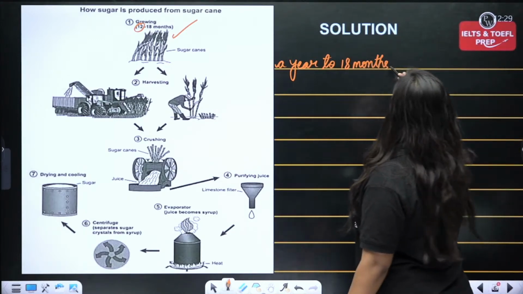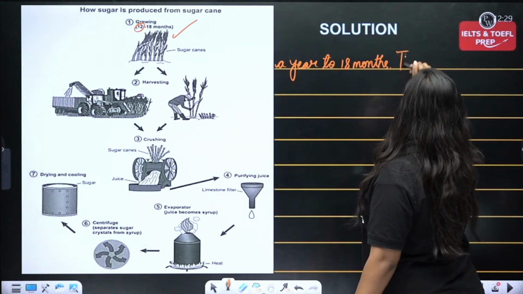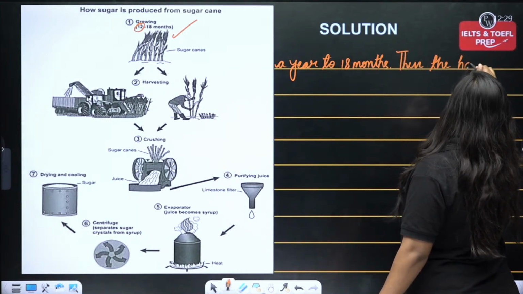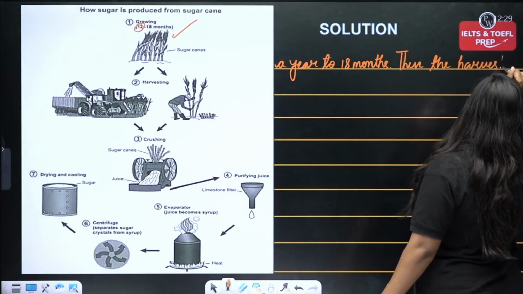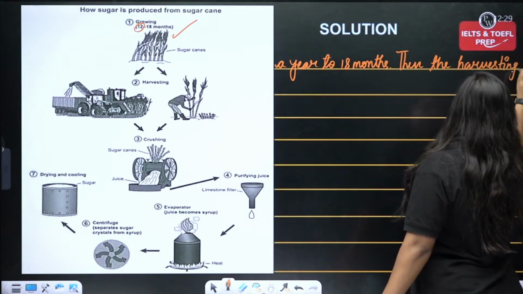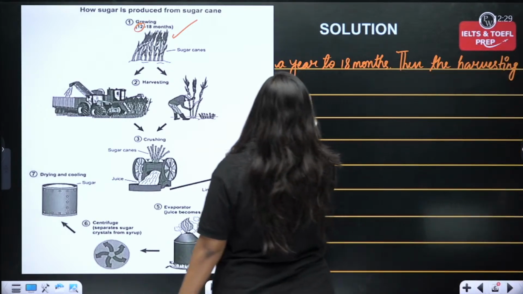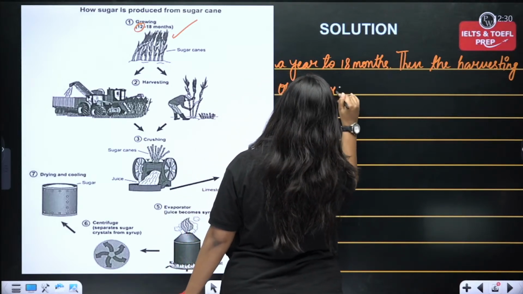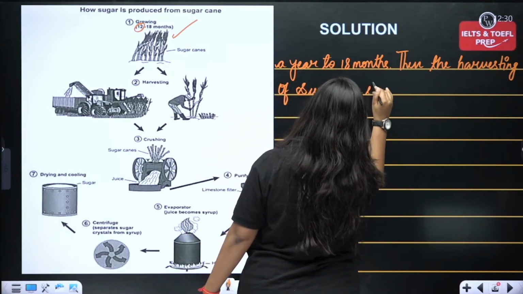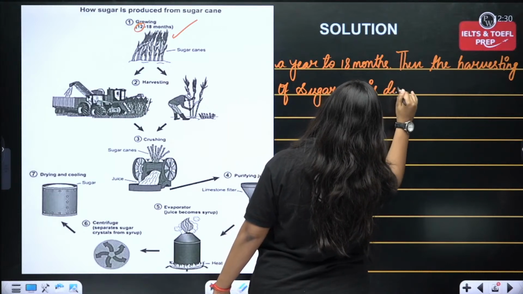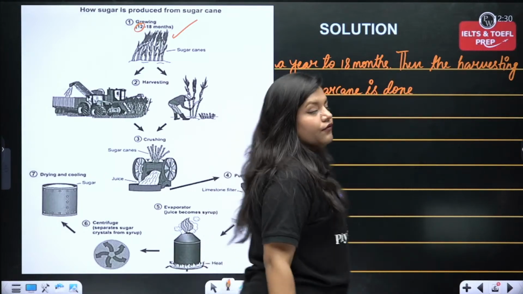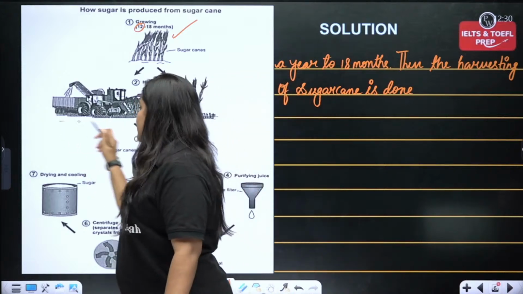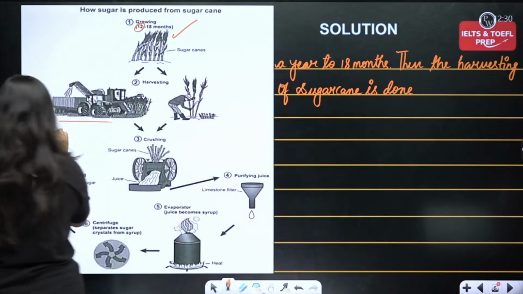Okay. Now, full stop. Now, we can see that the harvesting is being done through two types. One is from machines. You can see over here.